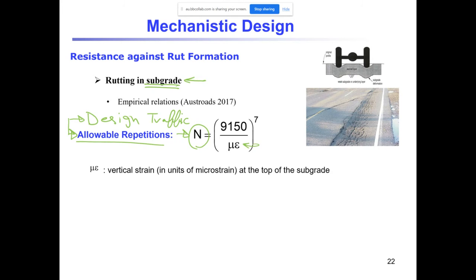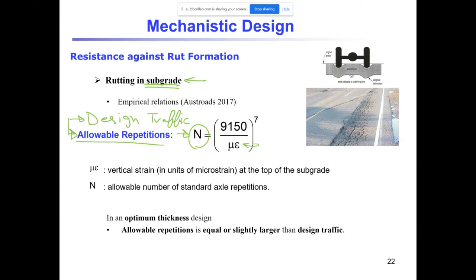So this is vertical strain, and the unit is microstrain for this one, and n here is the allowable number of standard axle repetitions. The unit for this one is ESA, equivalent standard axle.